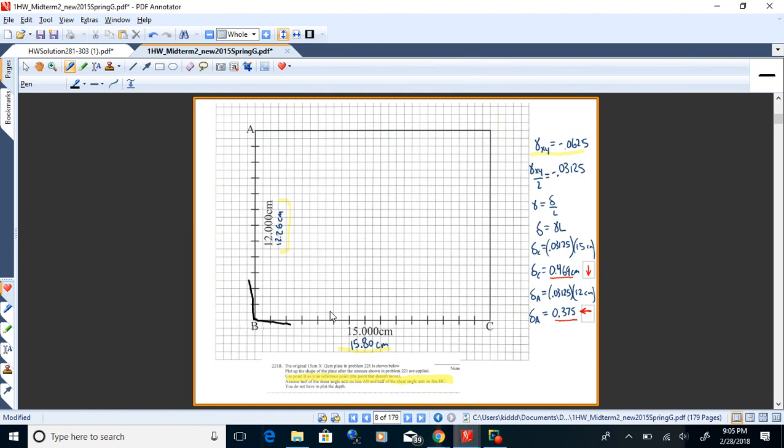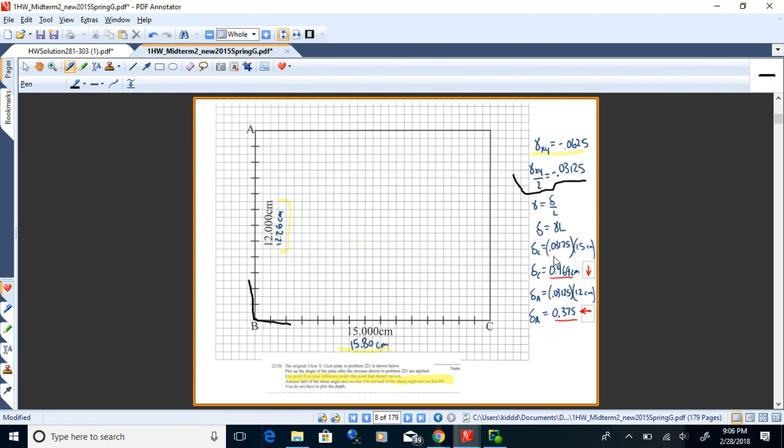The combined rotation of both of them will be that 0.0625 radians. So what I'm going to assume here is half the rotation occurs on each side of the angle. So BA rotates 0.03125 radians, as does BC. If I take the rotation in radians times the original length, I'll get the delta, how much the point actually moves. Okay.